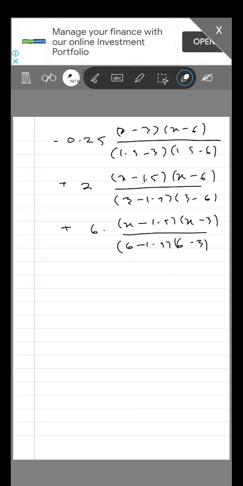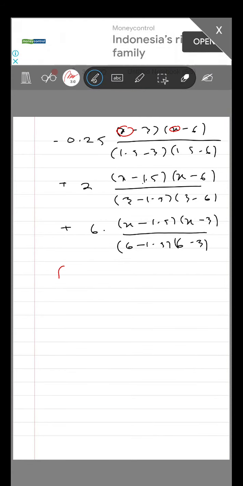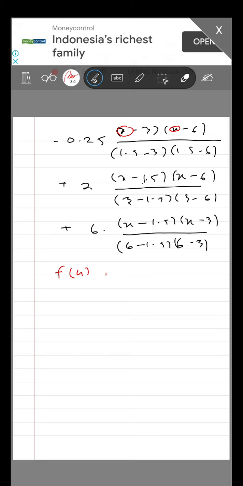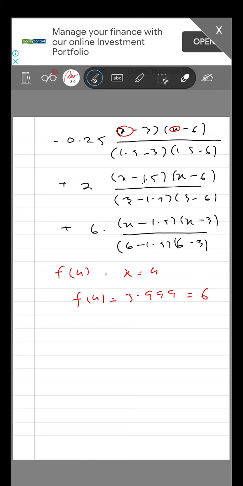So what we will do here, the only unknown here is this x value. So we need to find out the value of f4. So we put x is equal to 4 here, and then we get the value of f4 as equal to 5.999, that is 6. So this is the solution.